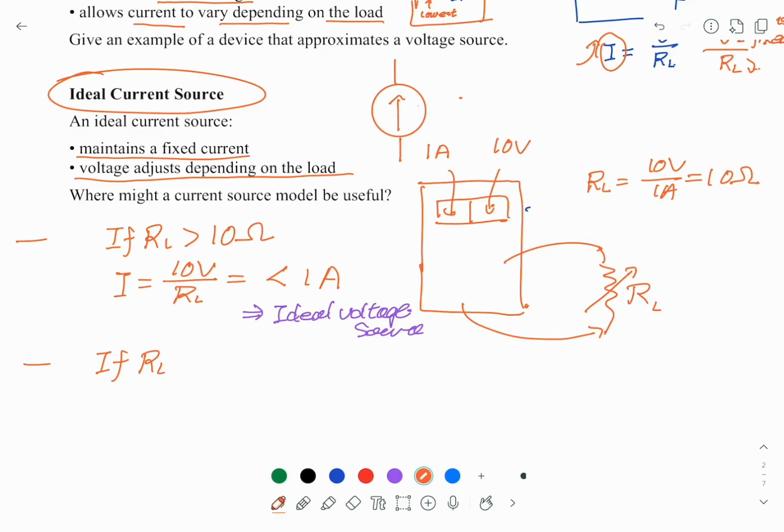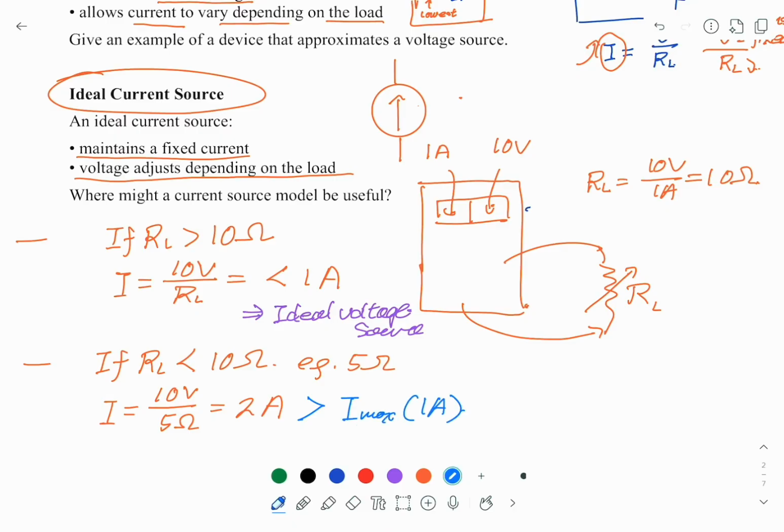the load is less than 10 ohm, let's put it as an example, 5 ohm. If you use Ohm's law, 10 volt over 5 ohm, you will get 2 ampere. But remember, this is already larger than the maximum current you set, which is 1 amp.